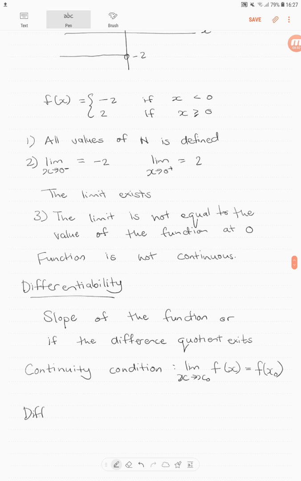The differentiability condition states that the slope at x0 must be equal to the limit as delta x approaches 0 of our difference quotient.